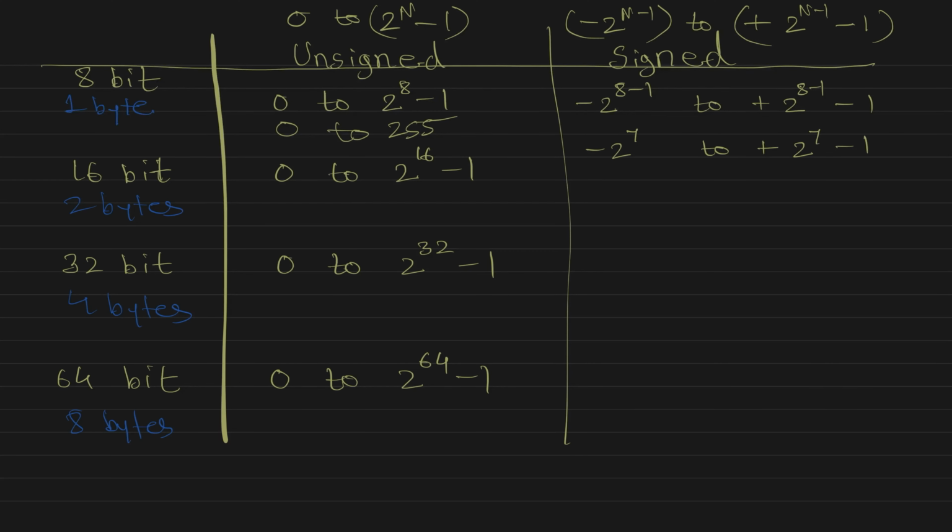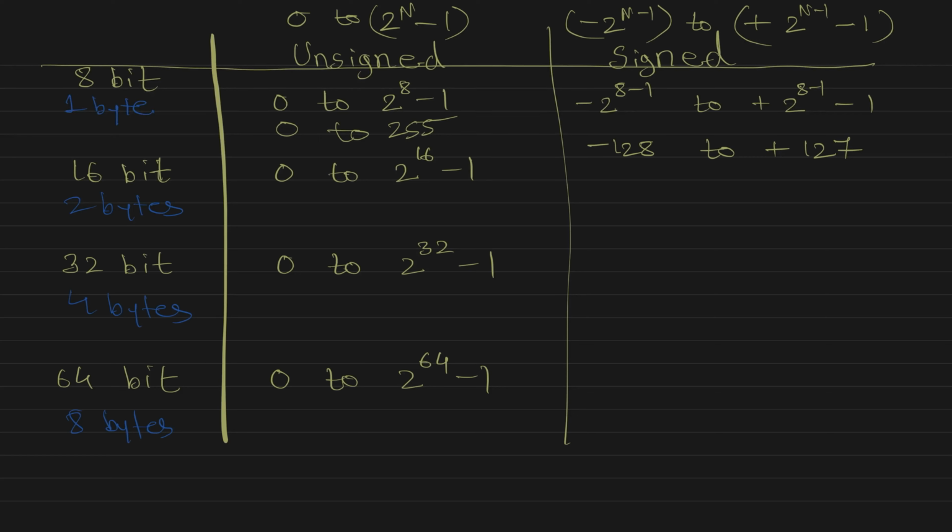This means minus 2 raised to 7 is what? 128, right? So if I just substitute that value, it would be minus 128 to plus 127. 2 raised to 8 minus 1 is 2 raised to 7, so 2 raised to 7 is 128, minus 1 here is 127. So that is how we got the range for an 8-bit or 1 byte integer, for a signed integer. So this would be the range.